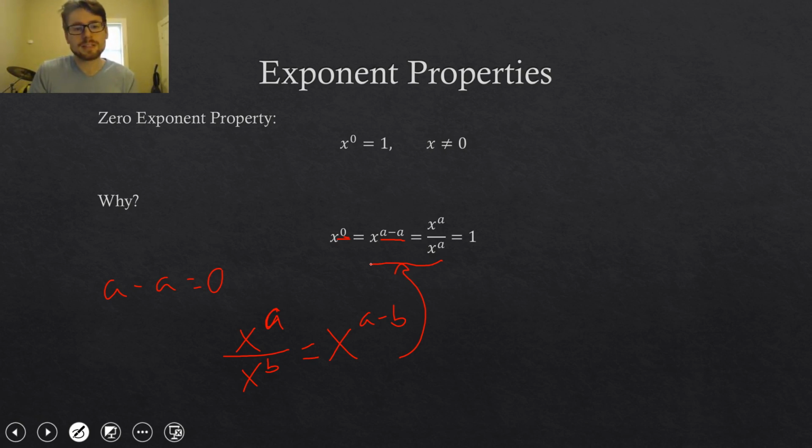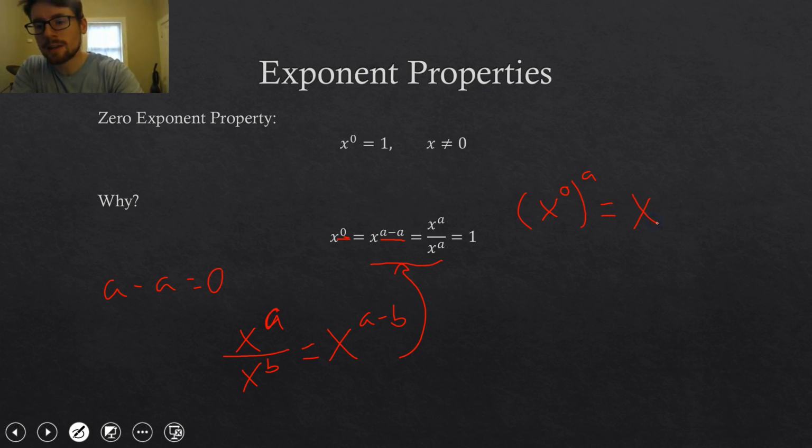And it turns out this makes sense for other properties as well. Like, you know, if you were to do x to the 0 to the a power, well, the product rule says that this is equal to x to the 0 times a. And when you multiply a and 0, you get 0 out.